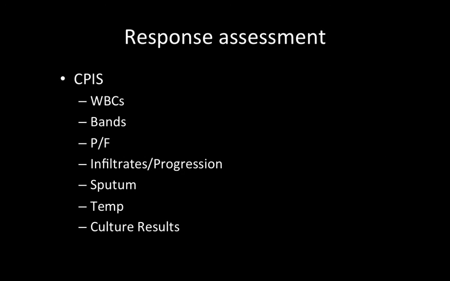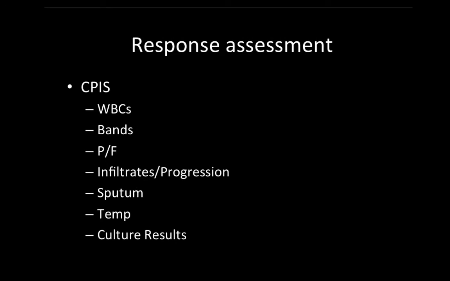So you start the treatment, and then you need to figure out, is the patient responding to the treatment? So day 1, day 2, and definitely day 3, you want to measure a couple of things. The white cell count, if it's too high or if it's too low, it's a problem. If there are too many bands.